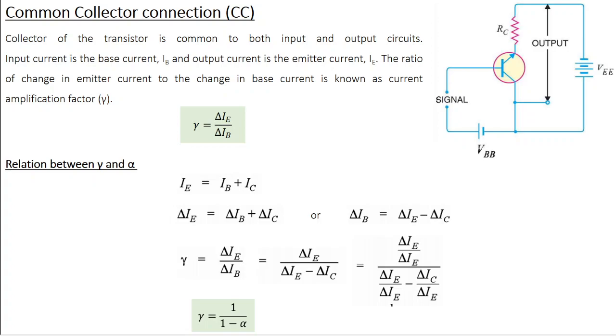So if you compare all the three configurations, common emitter configuration is the most widely used. Common base and common collector are not much used because one of their amplification factors is very poor. In the case of common base, the current amplification factor is very poor. In the case of common collector, the voltage amplification factor is very poor.